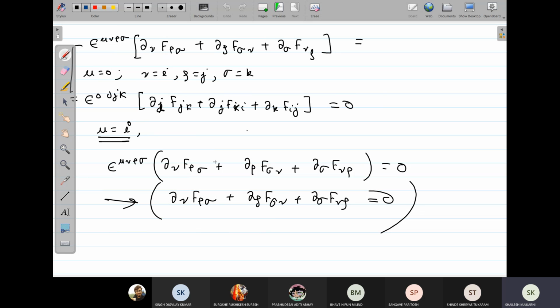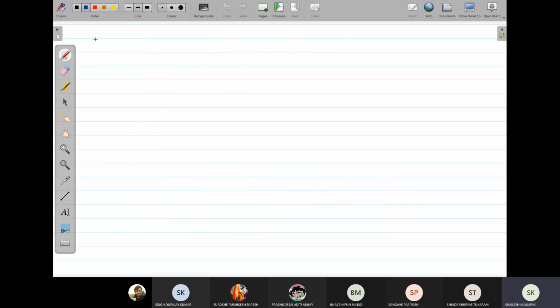In terms of the field strength tensor, the homogeneous Maxwell's equations reduce to del mu F nu rho plus cyclic combinations, del nu F rho mu plus del rho F mu nu, equal to 0.